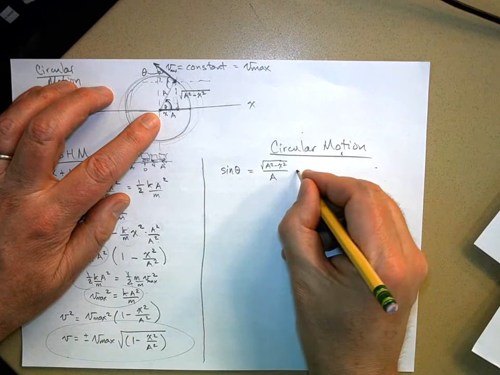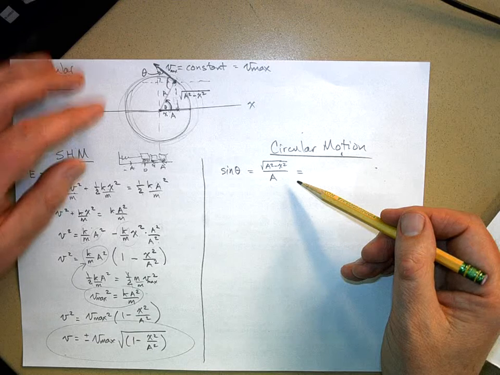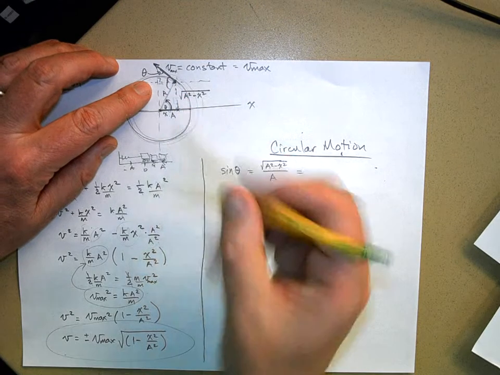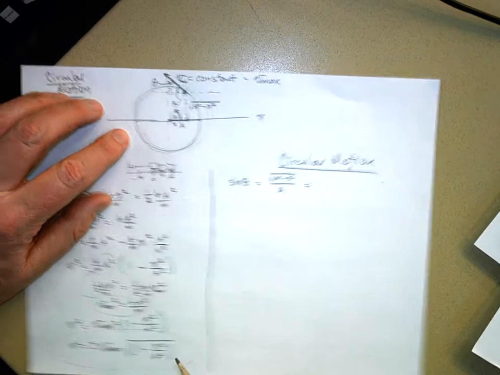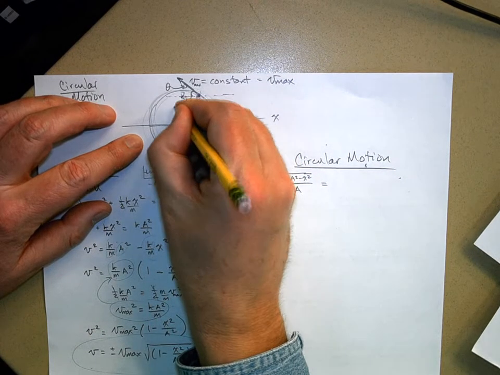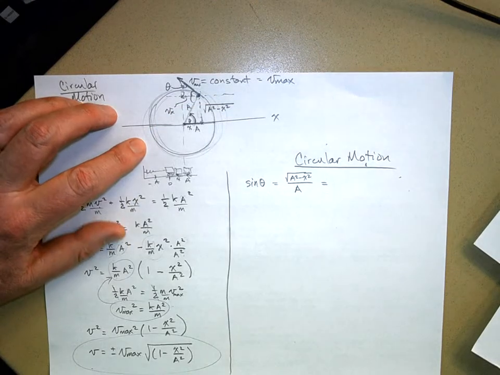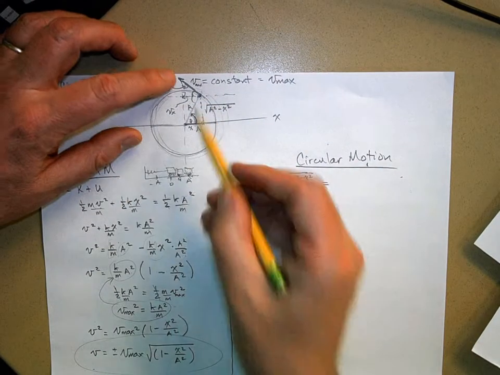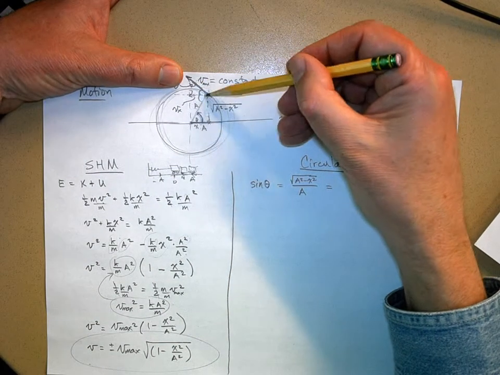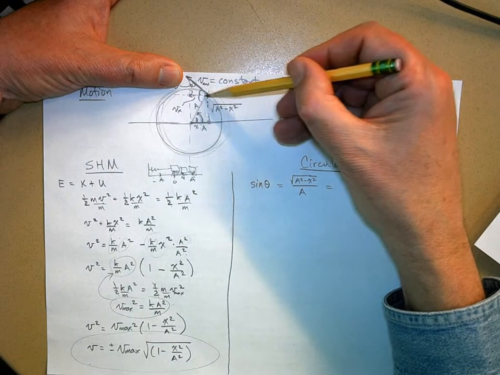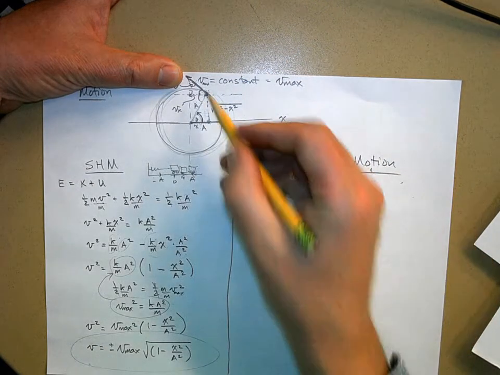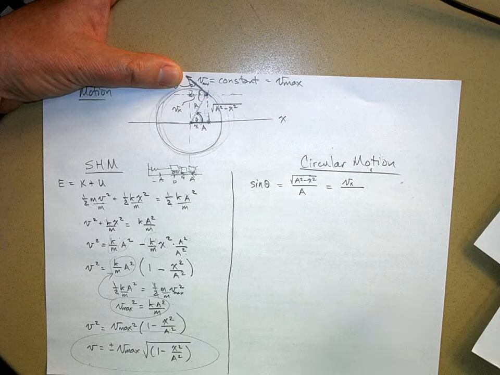But now let's apply the sine theta to this. What is this? Well, here's what we're going to do. This velocity, we're going to take a look at the x velocity, just the velocity in the x direction. Well, it's the velocity, but see that the angle is up here. So it's the opposite over the hypotenuse. So the opposite is Vx. And then the hypotenuse is the total speed of my object, which we're calling Vmax.